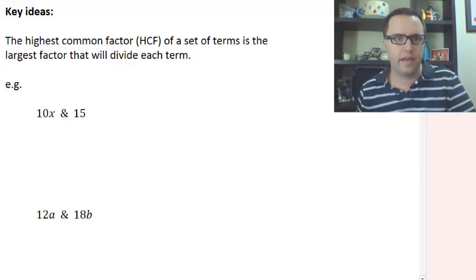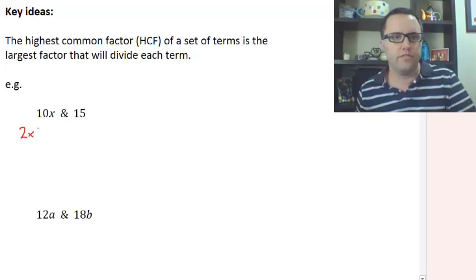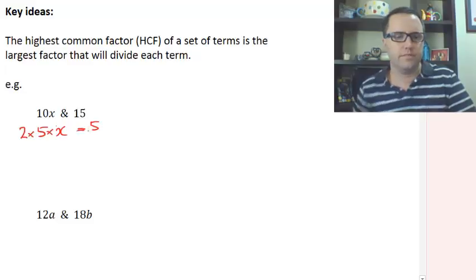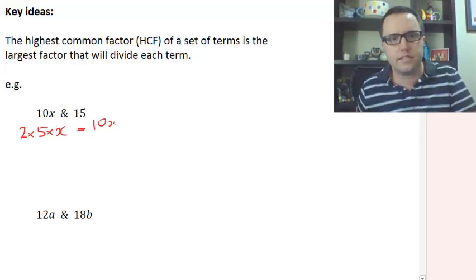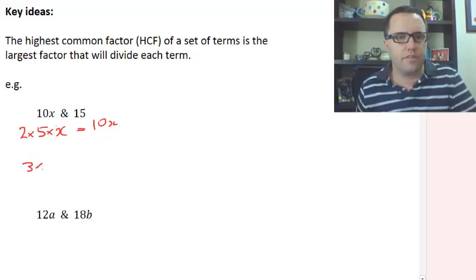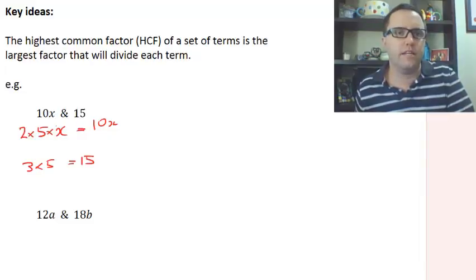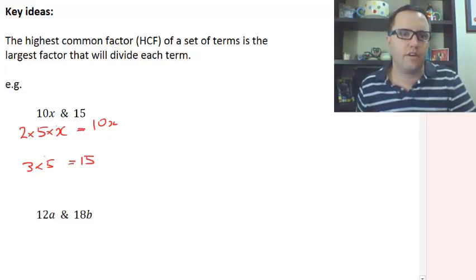So 10x will be 2 times 5 times x, see how I've got that 10 broken up to 2 and 5, and 15 will be 3 times 5. Then for your highest common factor of those two, you go through circling anything that's common between the two. So we get a 5 and a 5 is common, and that's it. So our highest common factor here is just going to be 5.